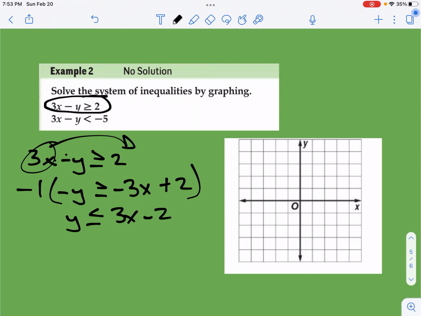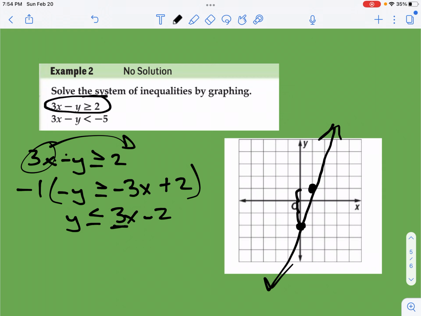All right, so let's go to -2. Let's put a point. My slope is 3, so that means it's up 3 over 1. So 1, 2, 3 over 1. Okay, and then it's going to be a big old solid line. So we get something like that, right? And if I put the origin in, we can put it into the original equation.